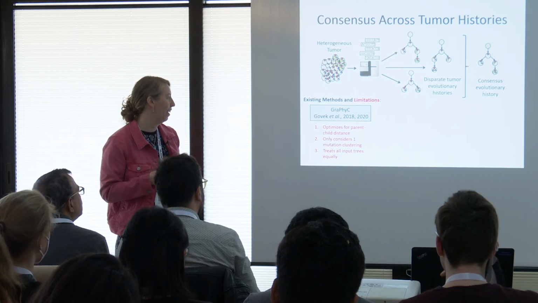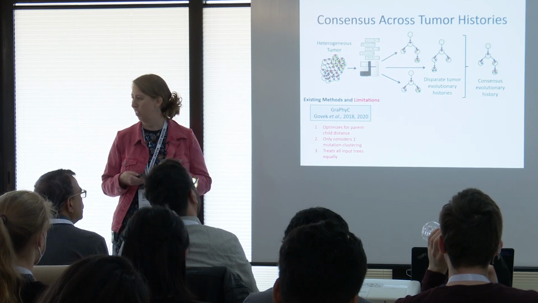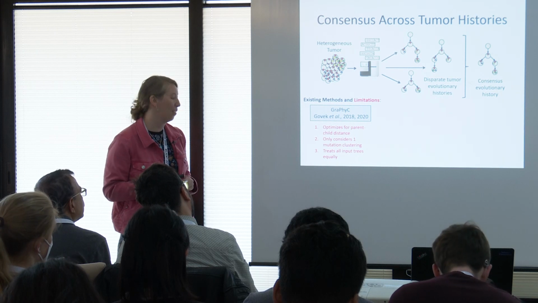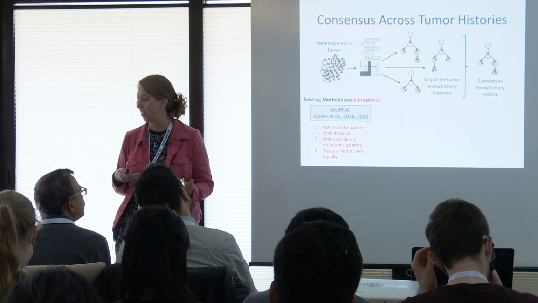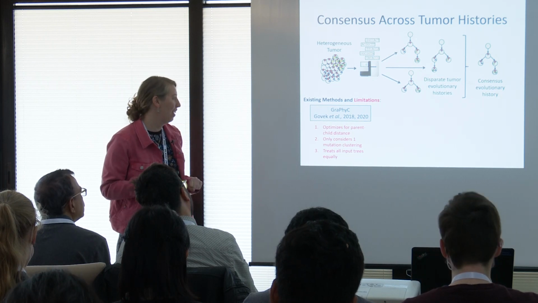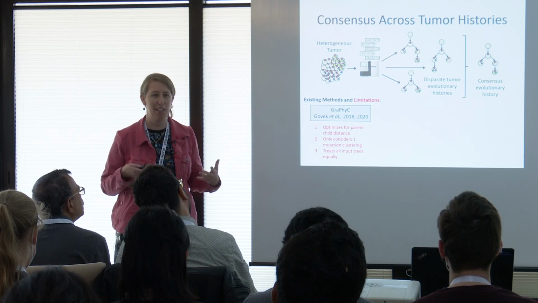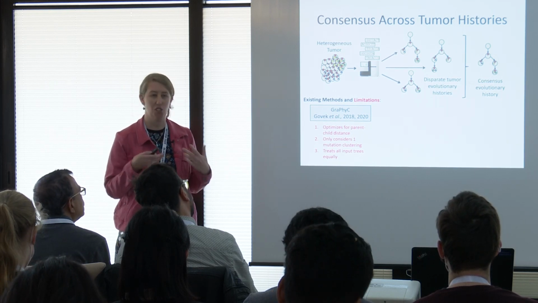It relied on a very simple distance measure, something called parent-child, that only looks at close relationships between parent and children mutations. It only considered a single mutation clustering. It had to be sort of a pre-processing step. And what's more is every single input tree was treated exactly the same. Again, if they're coming from different types of sequencing or different algorithms, we might have more information than just treating them as the same.